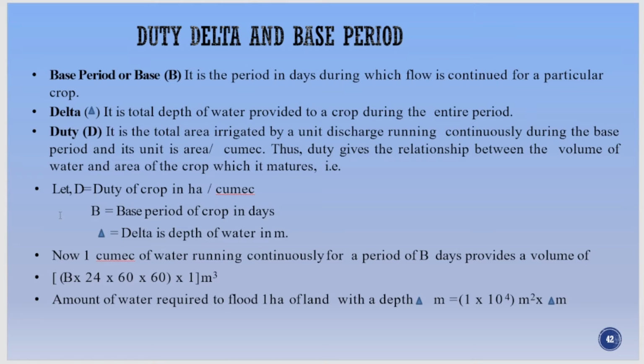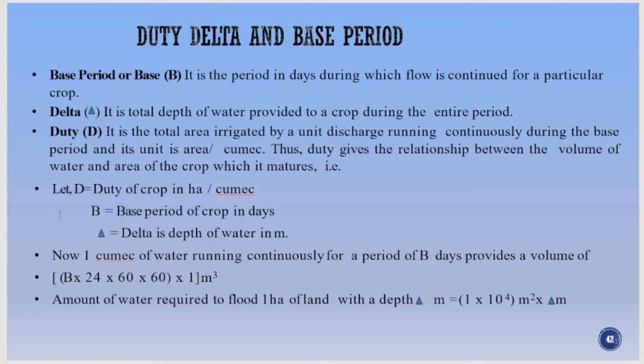So in general, delta is the cumulative depth of water that will be applied to a plant or crop for the entire growth period. Now duty and delta are very much clear.